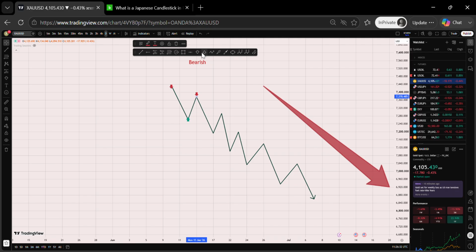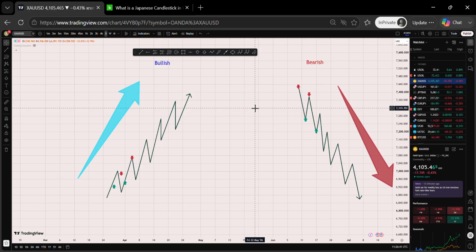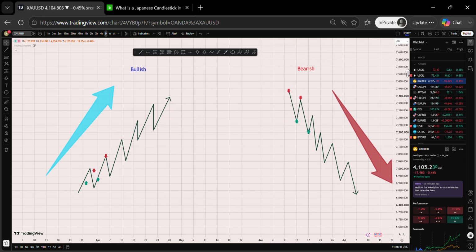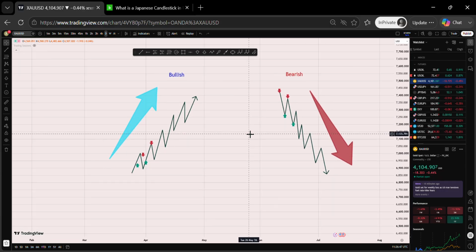An impulse and a correction, an impulse and a correction. Okay, so I hope it's clear and really simple. All right, and now we'll move on to talk about the three various markets.